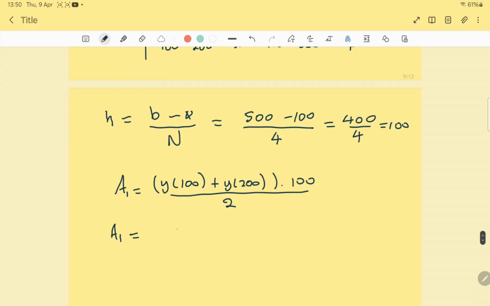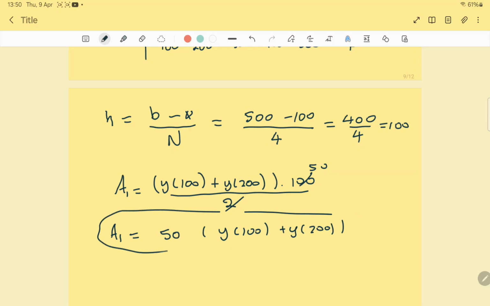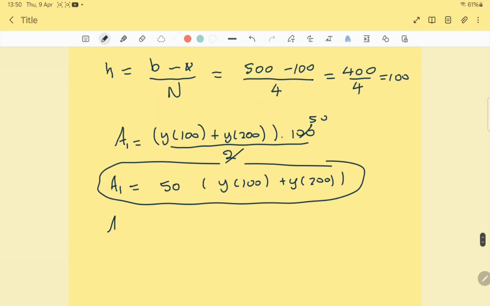So A1 is going to be 50 times y 100 plus y 200. That's going to be the area A1.